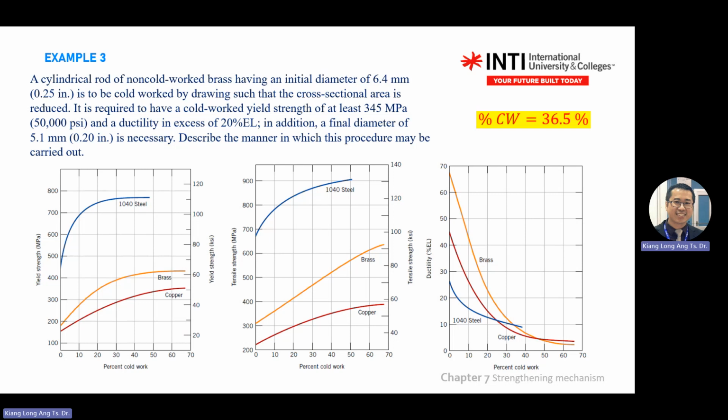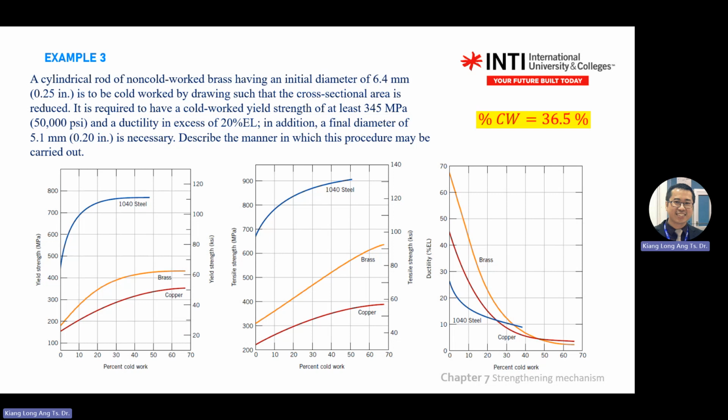On your graph, you'll see the first two lines on the yield strength graph, the vertical and the horizontal line. Here also you will see two lines, horizontal and vertical, and then you write the value to estimate here. So 36% brass will be about 8%. So in your answer, you write based on 36% cold work, the ductility percentage is 8%.